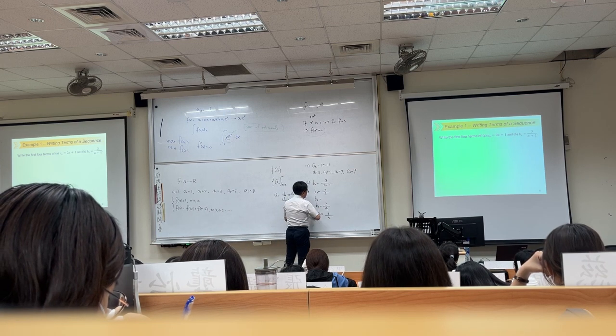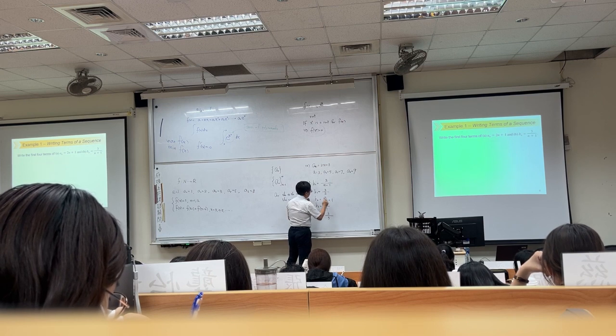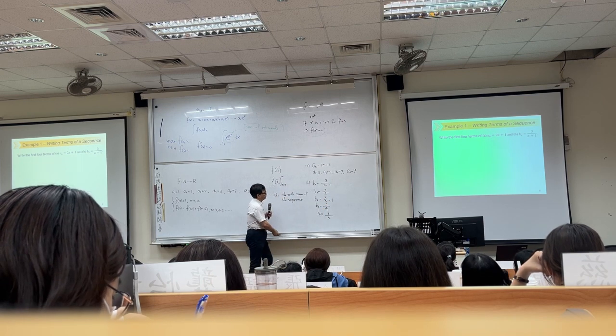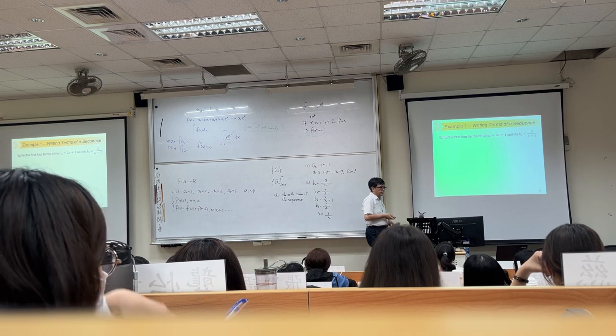Let me put it this way, b2 is equal to 3 over 3, so it's equal to 1. That's kind of plain and simple.